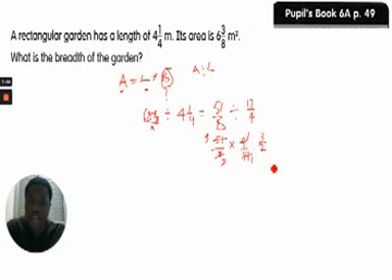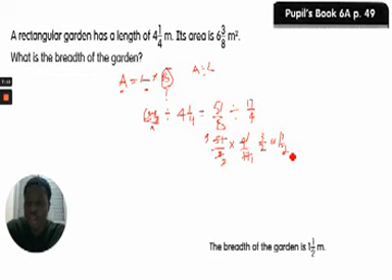So we get 3 over 2, or we get 1 whole number 1 over 2 as our answer. So the breadth of the garden is 1 whole number 1 over 2 meters.